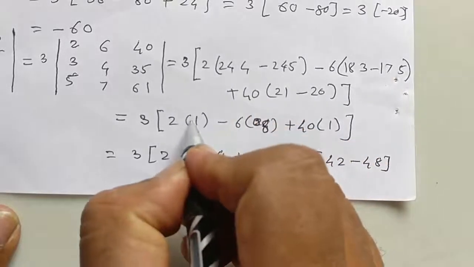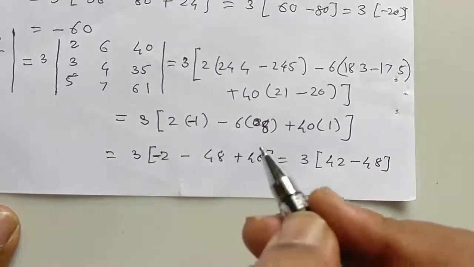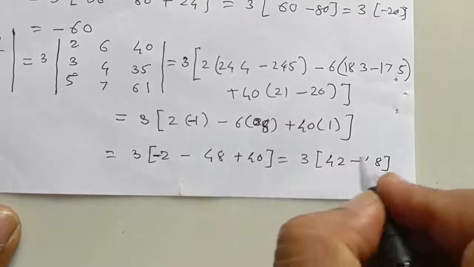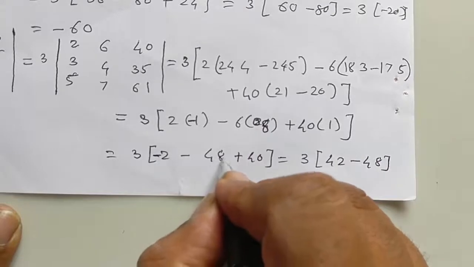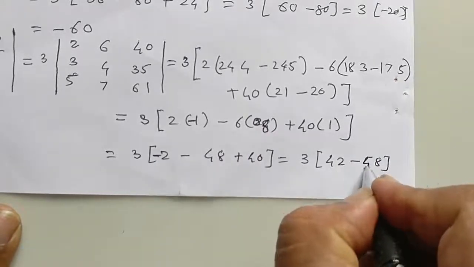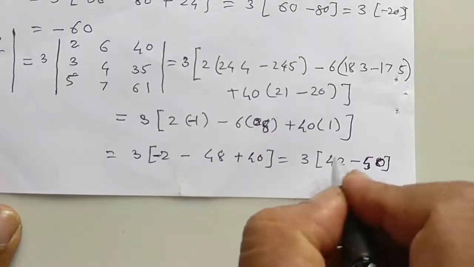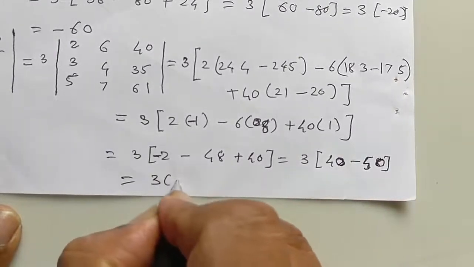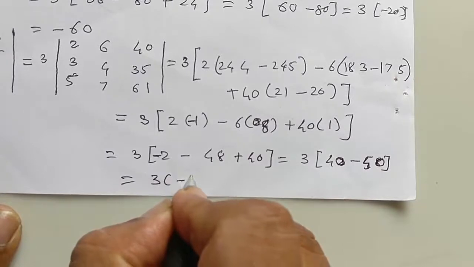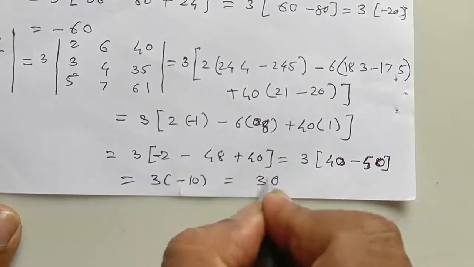Here it is minus should be there, so it is minus, and so here it is 48 minus it is 50 and this is 40. So this is equal to 3 into minus 10, it is 30, minus 30.